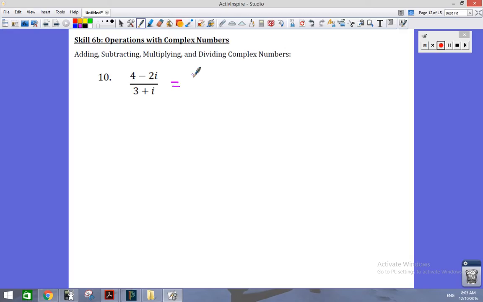And I claim that it's going to be equivalent to, in order to get that in the right form, an a plus bi form, I'm going to multiply this by the number 1, but I'm going to write 1 using the complex conjugate of the denominator.